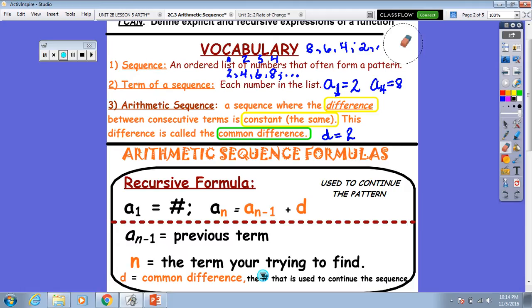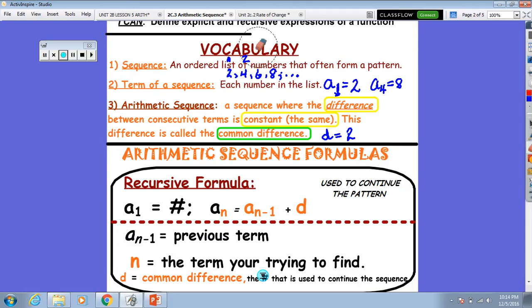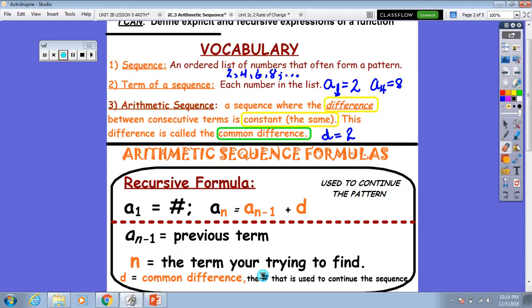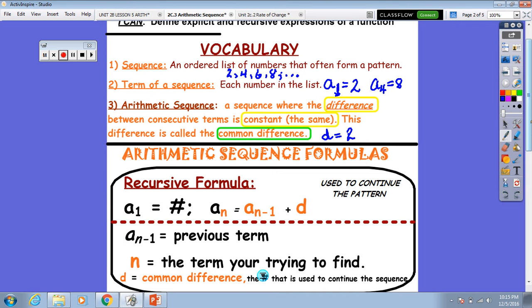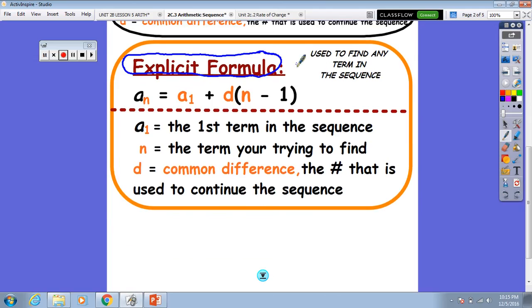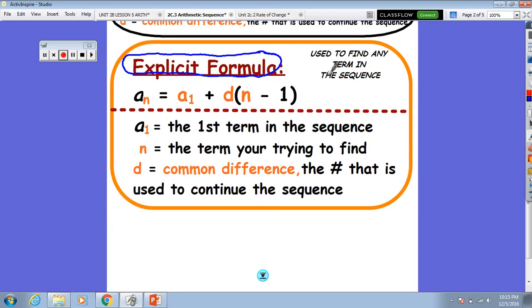So I'm going to clear off the second one. So just looking at this sequence that I gave you above, if I asked you to find the 100th term, nobody wants to continue this pattern 100 times. Okay? So the explicit formula is a shortcut to finding the 100th term.